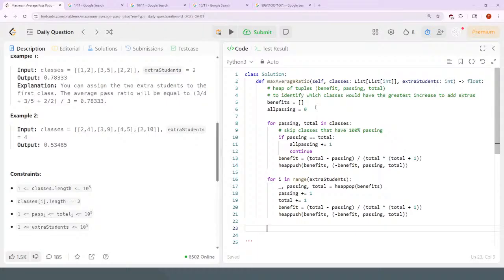I think I need to go through all the heap at that point, just popping stuff off.